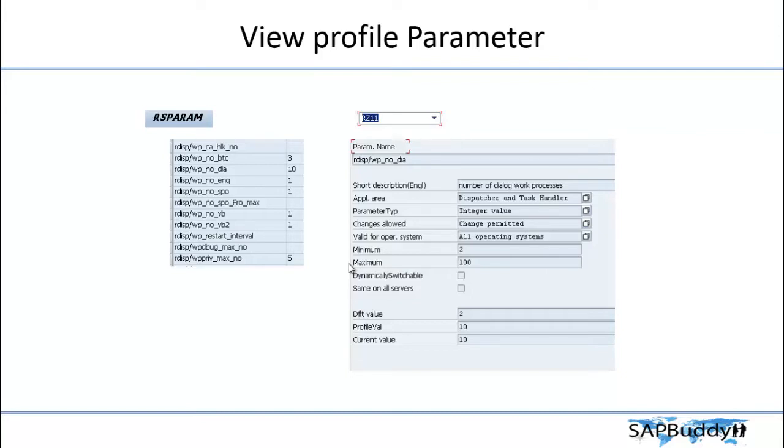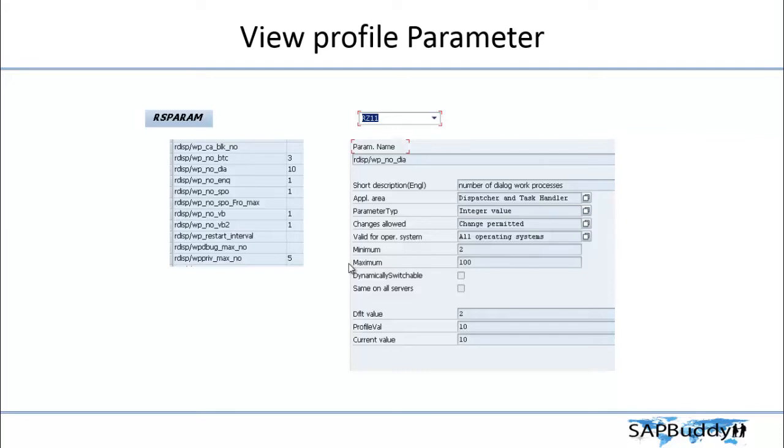But there are many values which are already configured by default in the SAP system that may not be there in the active profile. So if you want to see those values, it's better to view or maintain them using the SAP system. The other advantage is that if you maintain all the changes in the SAP system, you can have a proper logging mechanism and proper version control when you are making any changes in the profile.